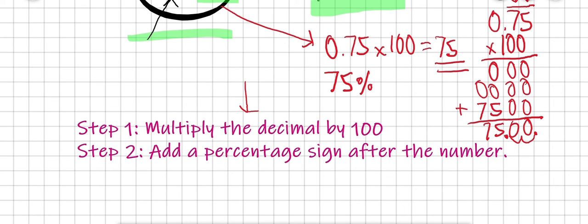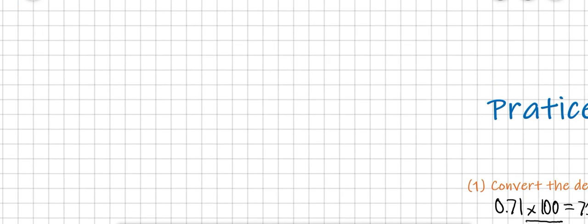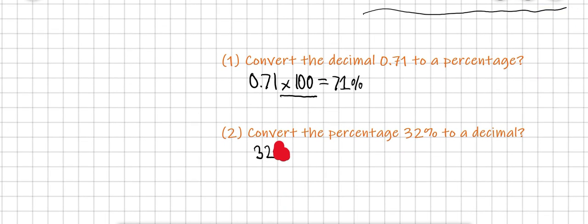But the opposite, because we're doing it the other way around, and the opposite of multiply is divide. So instead of multiplying, we have to divide this percentage by 100. And when I do that, that gives me 0.32.